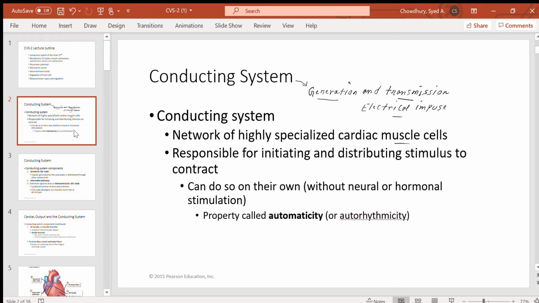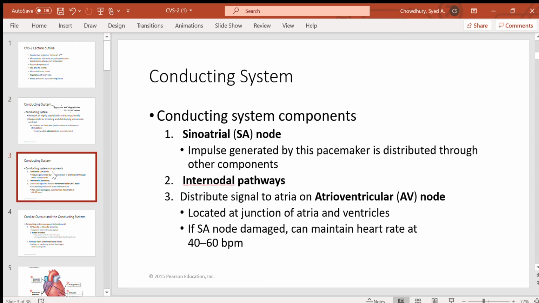Now we'll see the parts of the conductive system. If you see inside the heart, in the right atrium, you know that. Inside the right atrium, you have two tiny nodes. Small round structures, those are the nodes.